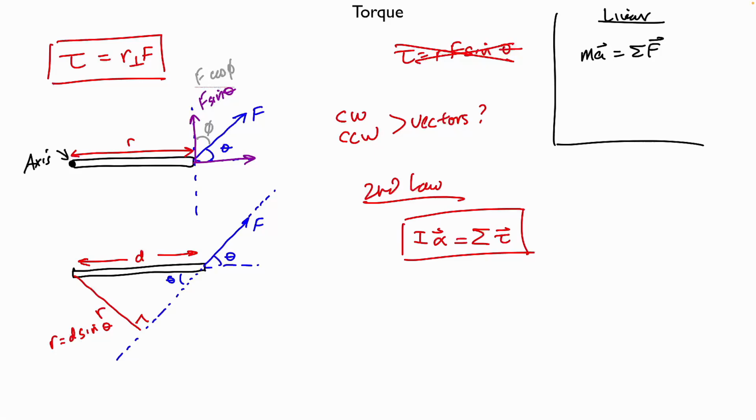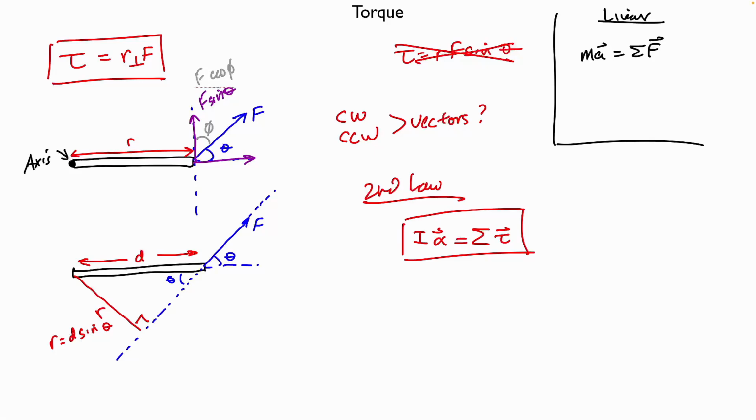In rotational terms, because it has moment of inertia, I can alter its rotation by applying a torque. So we're going to do the same things that we did before with Newton's second law, but we're going to do it for things that are spinning around in circles.